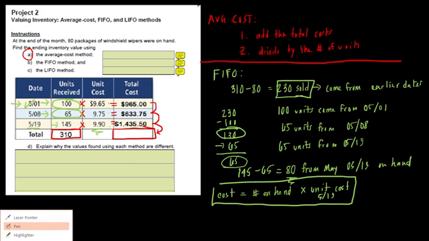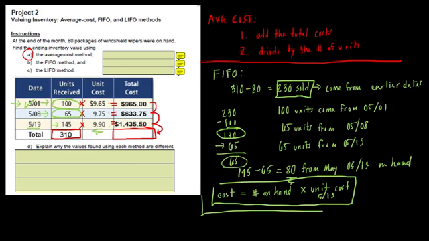Finally, that leaves the last in, first out method, which is pretty much the opposite of what we just did. So we sell off the most recent inventory first. So that means if we have 80 packages left on hand, that we must have sold out all 145 of these, all 65 of these, and 20 of the 100 from May 1st.